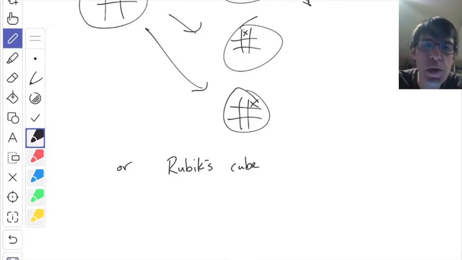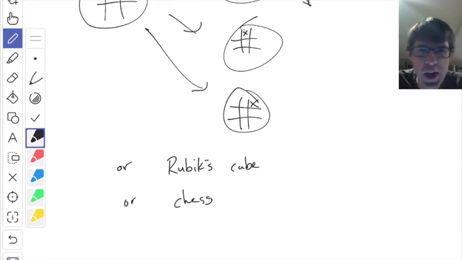So you would never really do this in reality, but you could, in theory, write down a giant state diagram where every possible configuration of the cube was one state. There's a huge number of possible configurations, but then each arrow would be one of the possible moves that you can make, and if you want to solve the puzzle, you just find where you are in the diagram and you look for a path that goes to the final state.